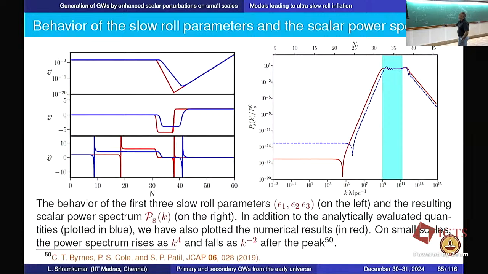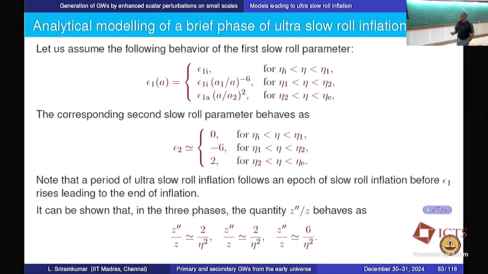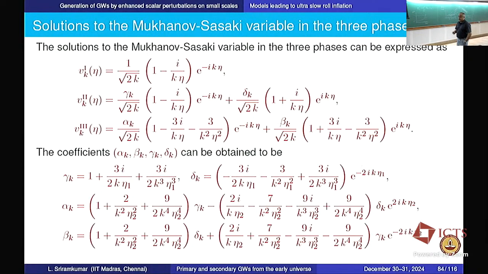And then there is a rise in power, where you can have a situation where the power is significantly larger than what you have on large scales. And then there is a fall. This arises because of the rise in epsilon1 at late times, leading to the end of inflation.